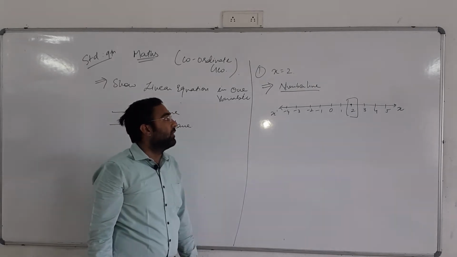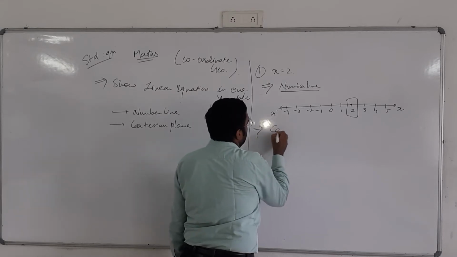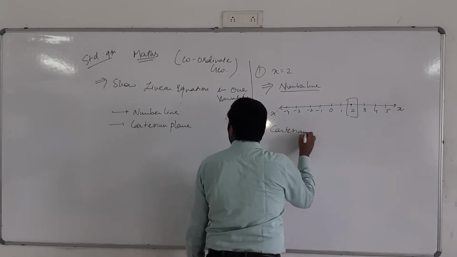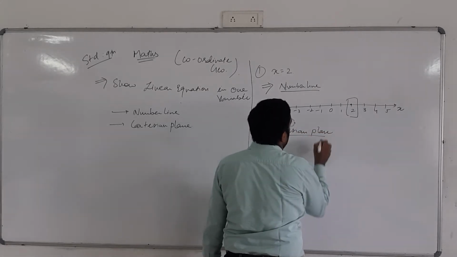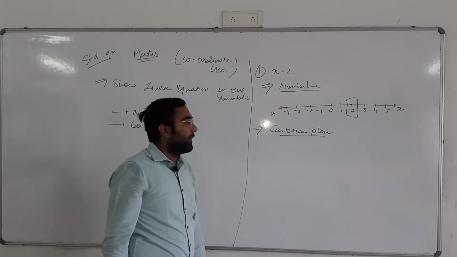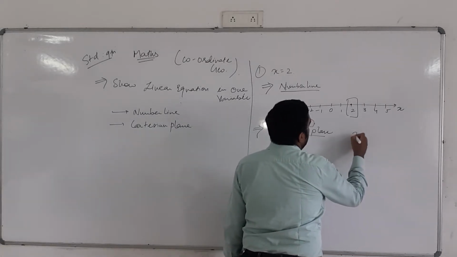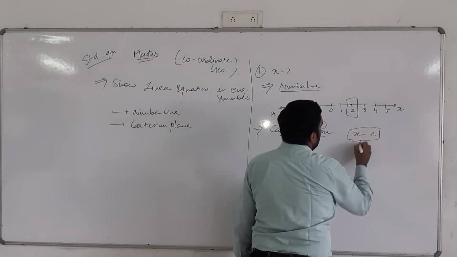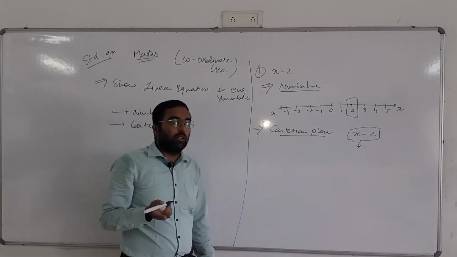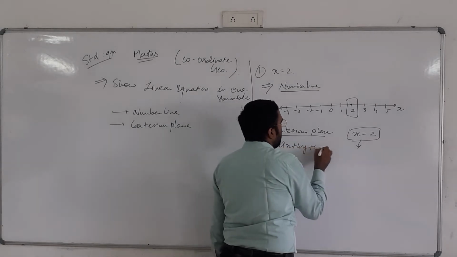Now, linear equation in one variable, how to represent it on the Cartesian plane. When I represent it on the Cartesian plane, I must have a linear equation in two variables. So for x equal to 2, the first step is to convert it into a linear equation in two variables in the standard form. My standard form is ax plus by plus c equal to 0.